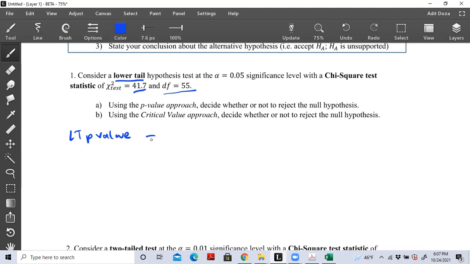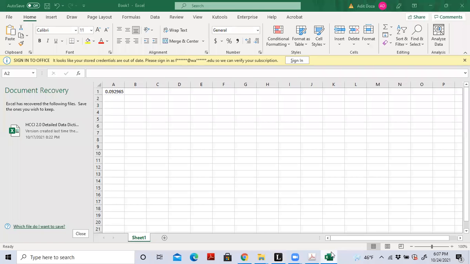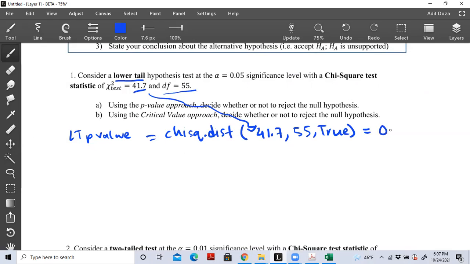We have to use Excel in this case. So it's chi-square dot dist, then you plug in the chi-square test statistic value, which is 41.7, degree of freedom 55, and true. So we got the value 0.092965.